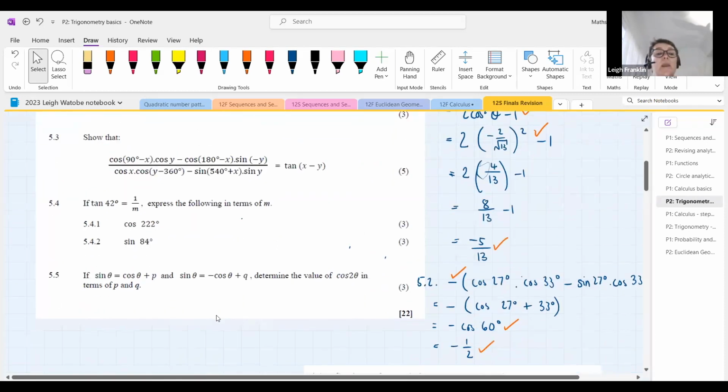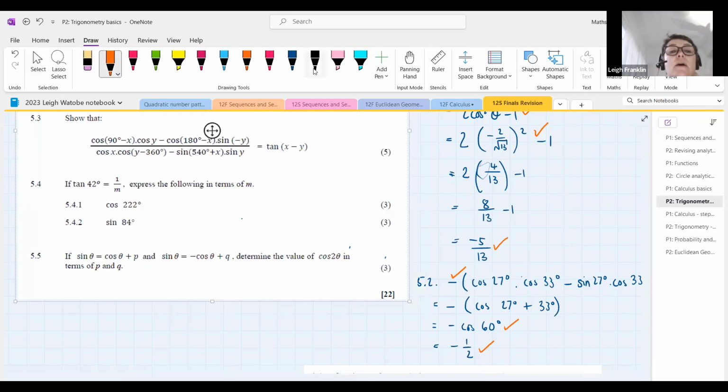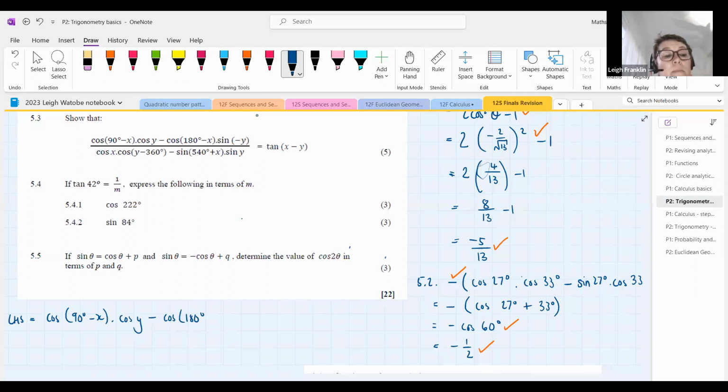All right, let's jump into some more difficult questions now. Let's look at 5.3. They want us to show that the left-hand side equals the right-hand side. So let's get started. I'm going to write down the left-hand side first of all, and you guys can do the same. They've given us cos of 90 minus x times cos y minus cos 180 minus x times sine negative y.